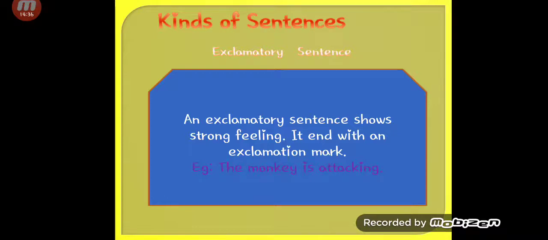Another type of sentence is an exclamatory sentence. This type of sentence shows strong feeling. It ends with an exclamation mark. Something by which you are surprised, or when something unexpected happens. For example, the monkey is attacking, or something which we never thought.